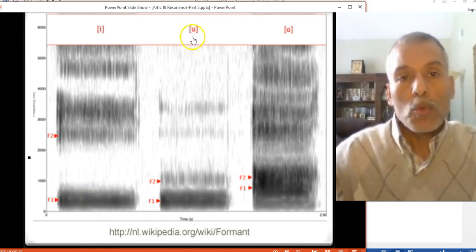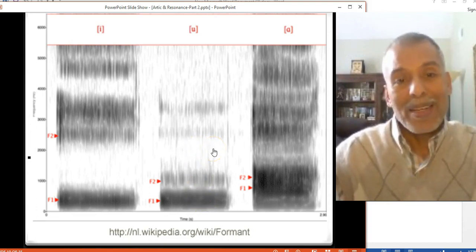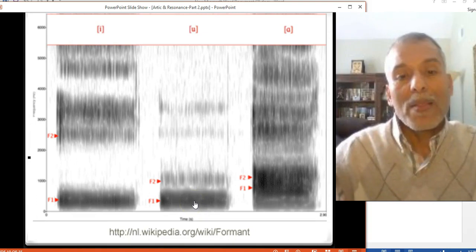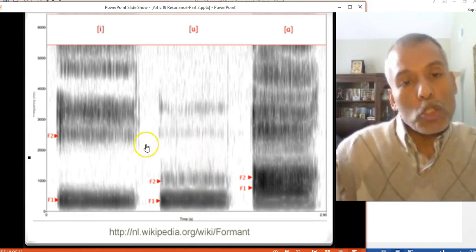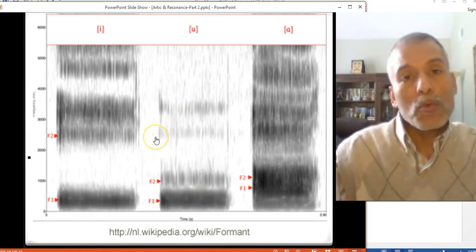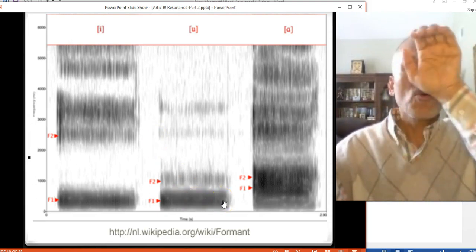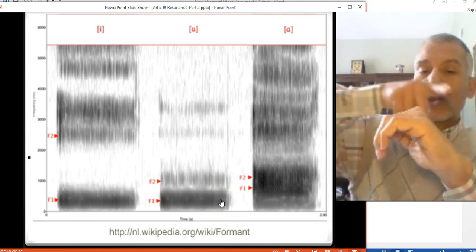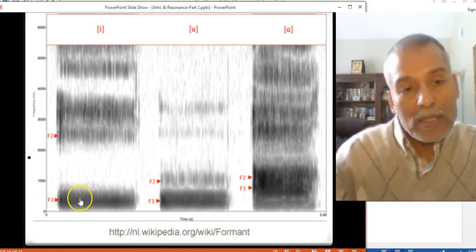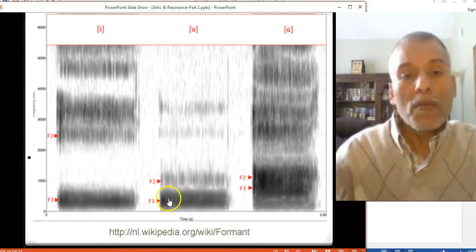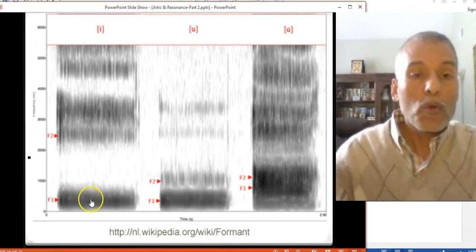Now, how about U? The tongue is way high, but it's also back. However, because you have a huge tube created for U, extending your lips out and making the tongue go higher, that makes the tube much bigger, and that makes the resonant frequency F1 for U significantly low.